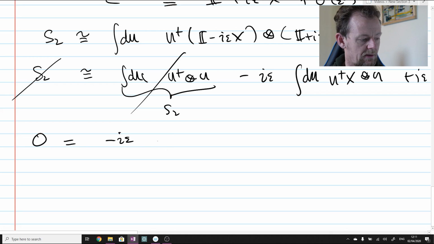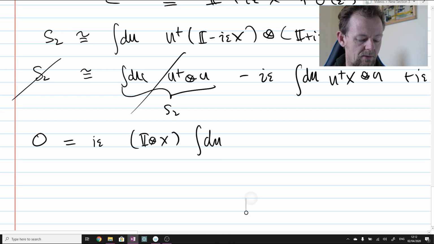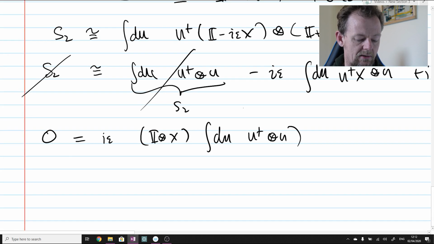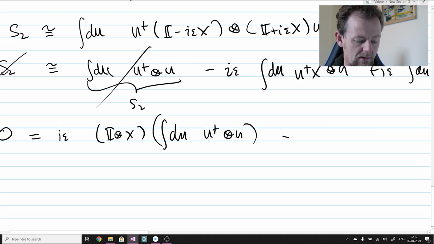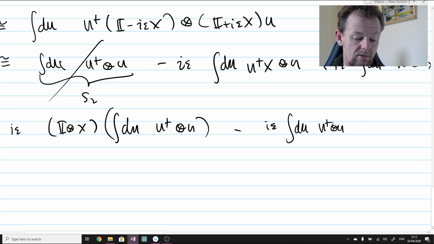I'll factorize this slightly. I'll write this as i epsilon identity tensor x integral du u dagger tensor u, and then on the right I will write a minus sign, and then i epsilon, and then we've got this integral du, and now the u dagger tensor u again, and then on the right we've got this x tensor identity.